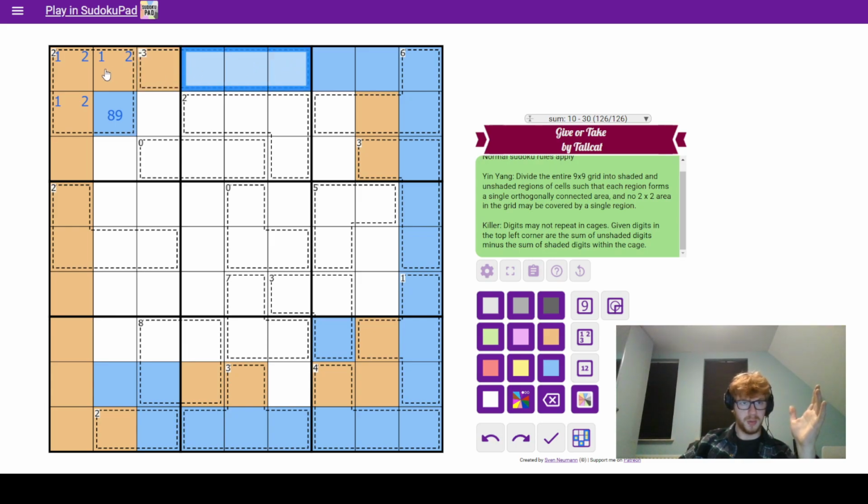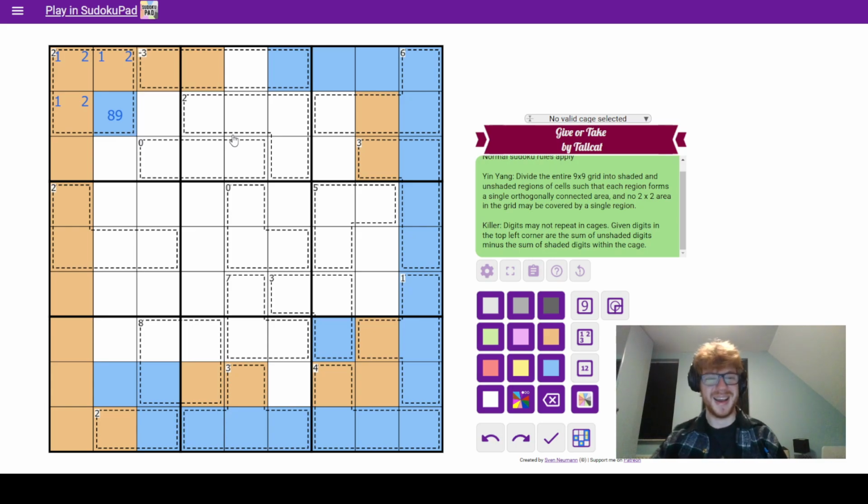But this 1, 2, 3 would basically force a 1 and a 2 here, which is not possible. So it's at least this. Now. That did barely anything. Okay. But a win is a win.